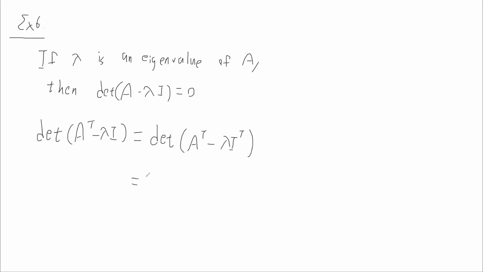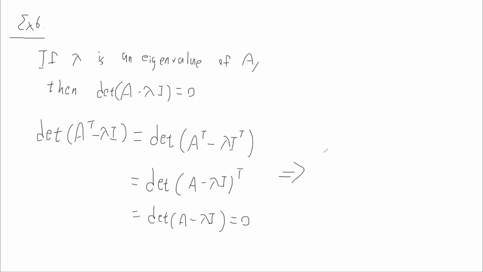And that is also equal to the determinant of A minus lambda I, transpose. And we know that the determinant is preserved under transpose, so this is equal to the determinant of A minus lambda I, which is equal to 0.